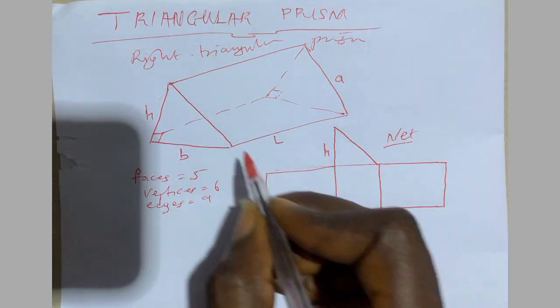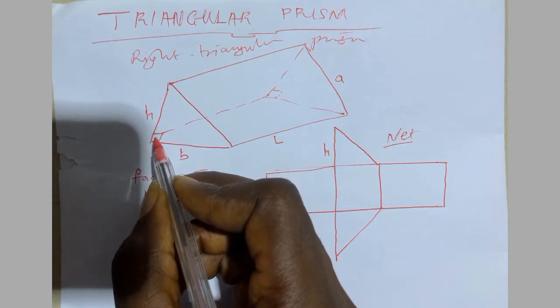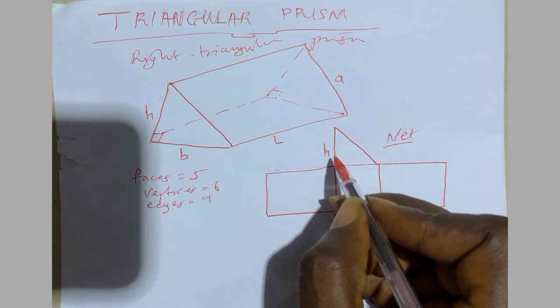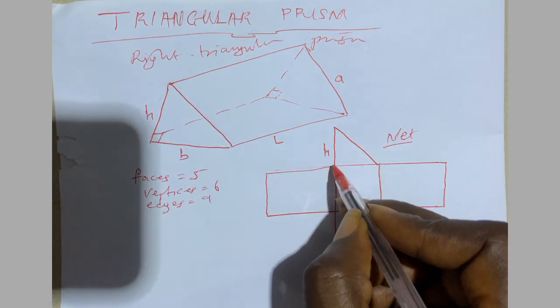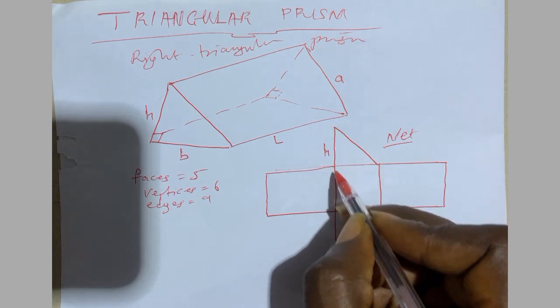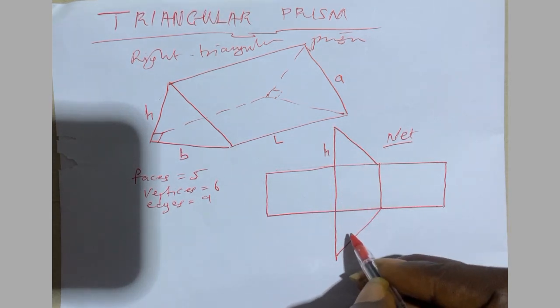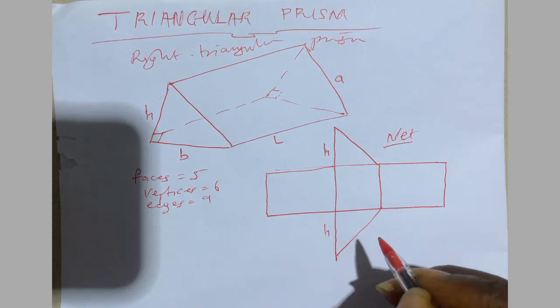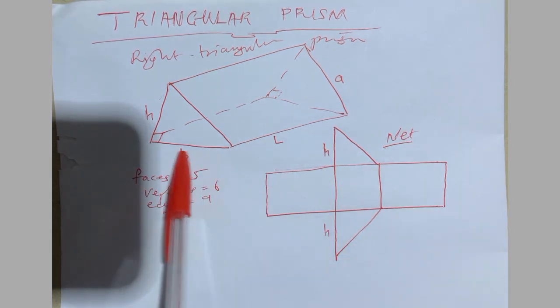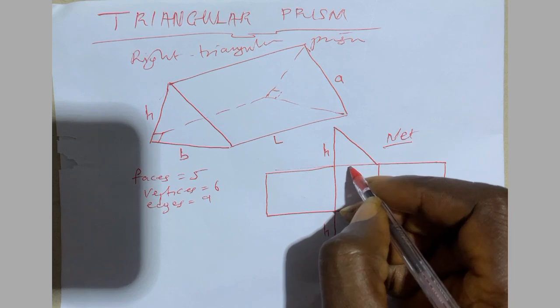So considering this triangular prism, this is my height, so in the net, this vertical line is going to be the height, and this triangle is similar to this triangle, so here it is going to be the height, and my base of the triangle is going to be here.